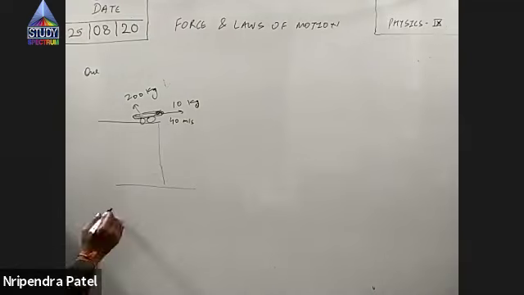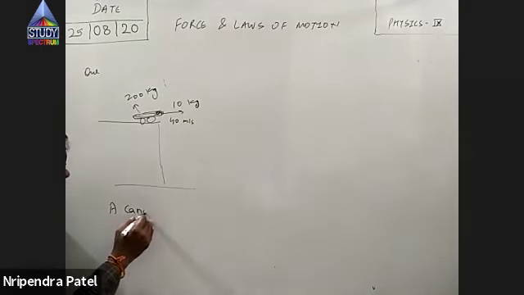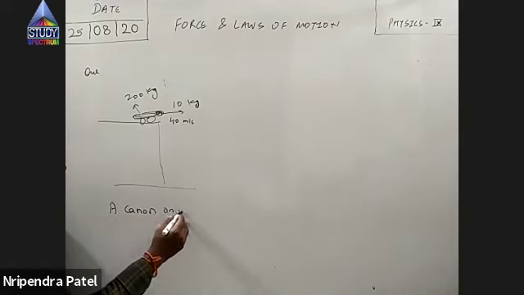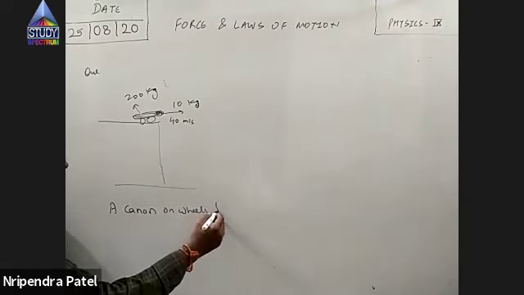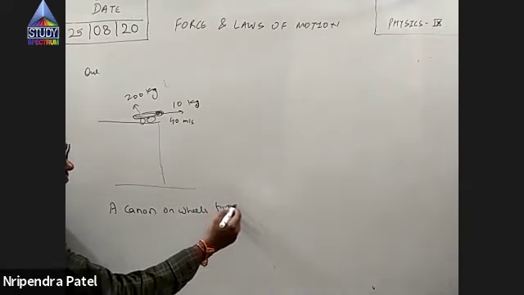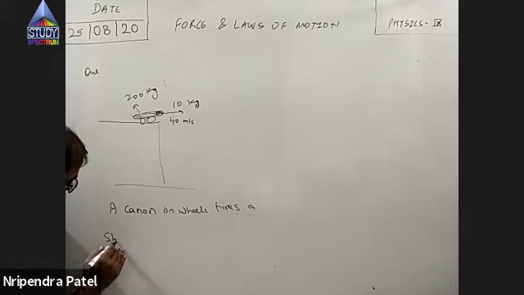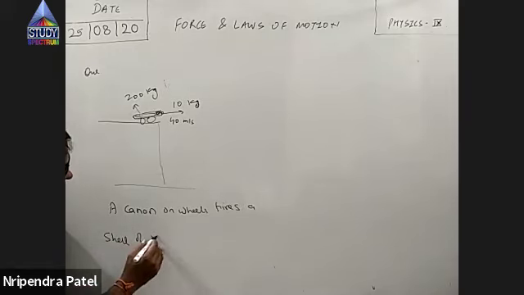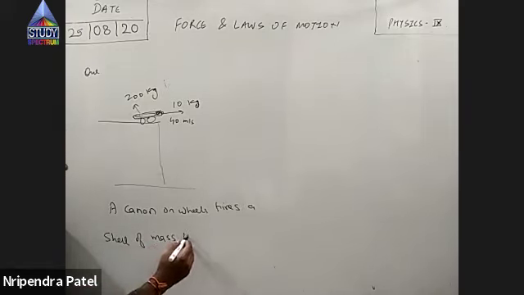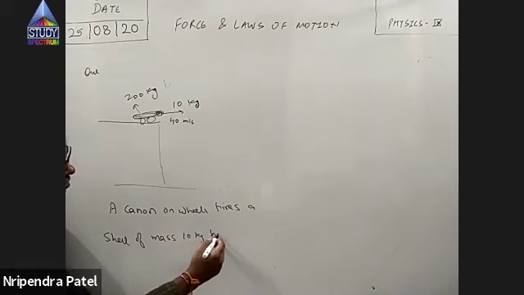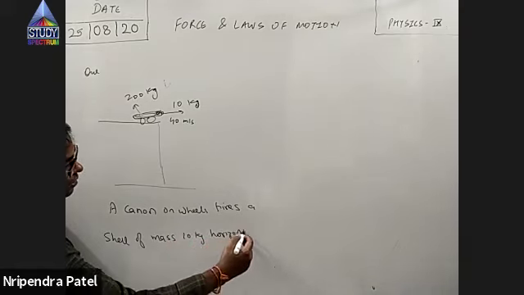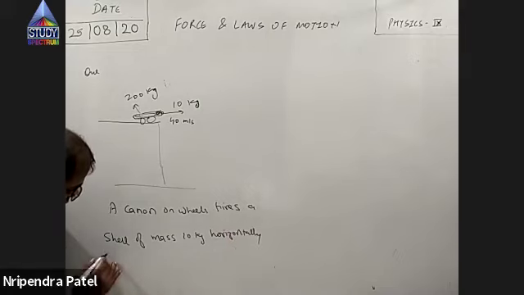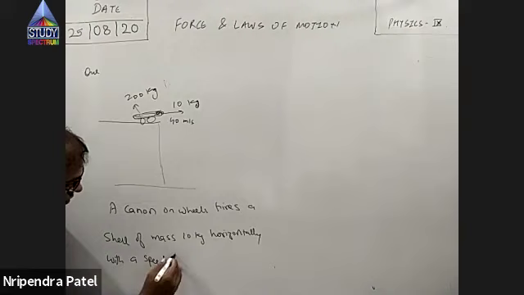A cannon on wheels fires a shell of mass 10 kg horizontally with a speed of 40 meter per second.